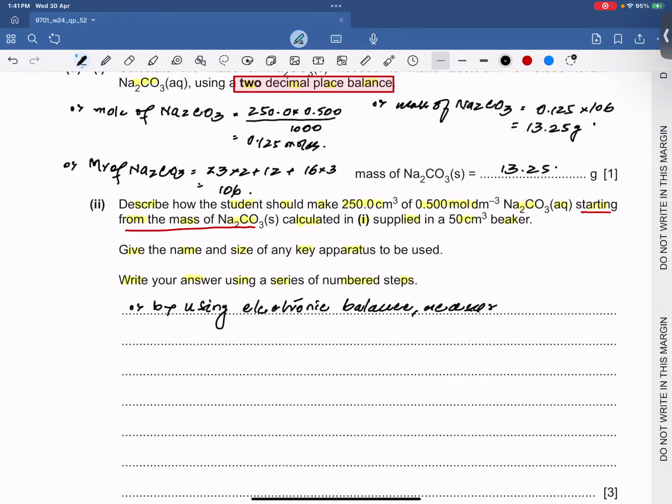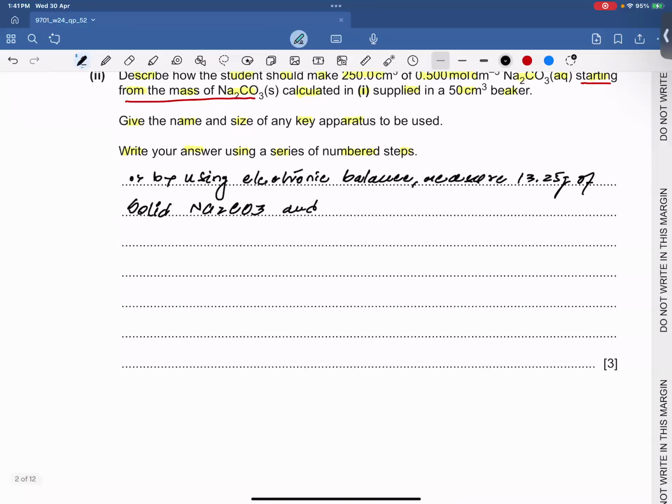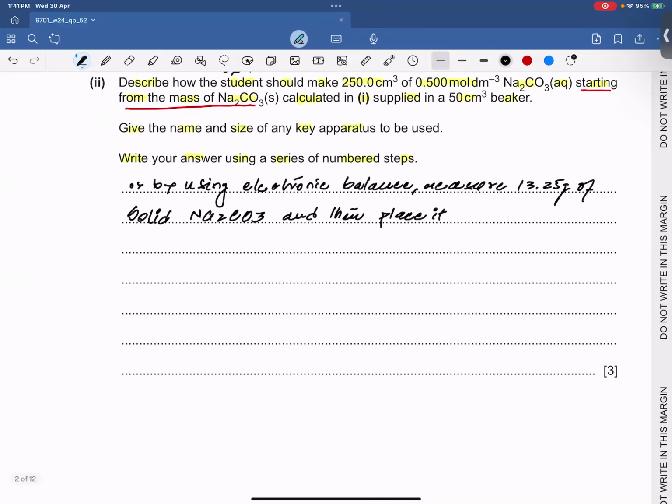Measure 13.25 grams of solid sodium carbonate using the electronic balance and then place it in the 50 cm³ beaker. Add distilled water into this beaker.